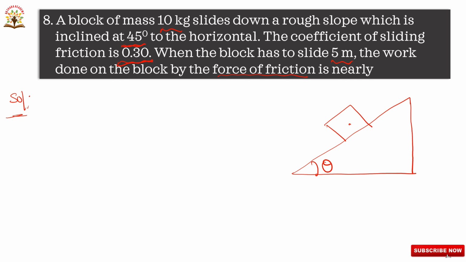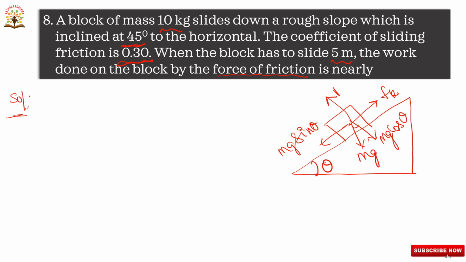On this block, the weight mg is acting vertically downwards. Here this is resolved into two components: one is mg cos theta, and one is mg sin theta.